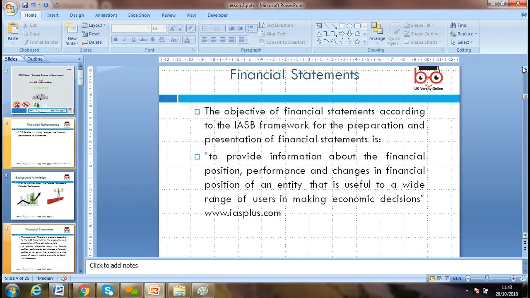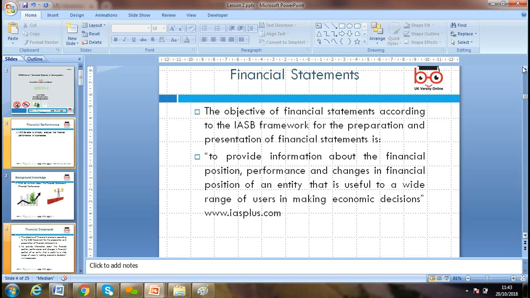So we'll start with financial statements. The objective of financial statements according to the IASB. IASB stands for International Accounting Standards Board. They set the standard for how the financial statements will be prepared, what they will look like, and what sort of structure they will have.